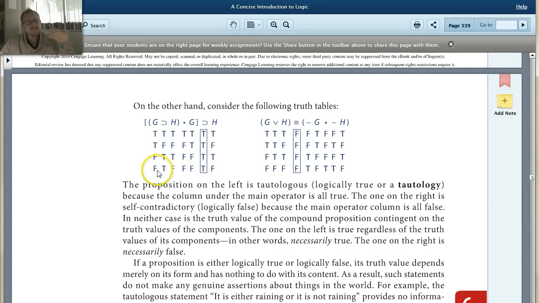Ironically, even if it's false that George is going to the party and Harry is going, that statement is still true. This is what we call a tautology. One of the things that's interesting philosophically about tautologies is that tautologies never really tell you anything, because if you make a statement that in every possible condition is always true, that doesn't really tell you anything new about anything, right?